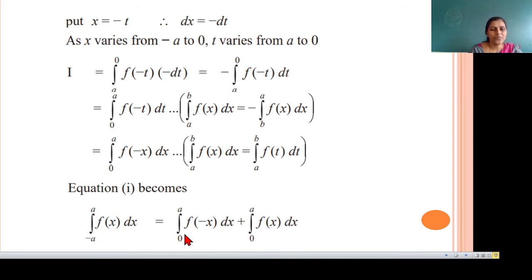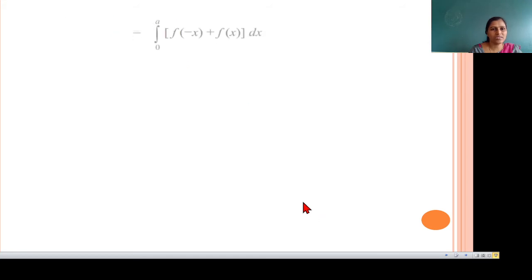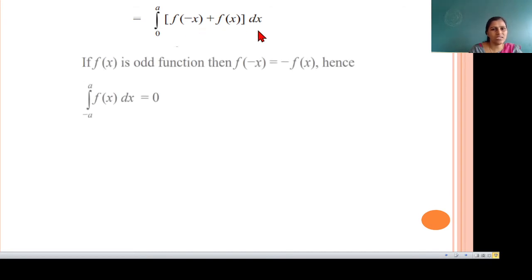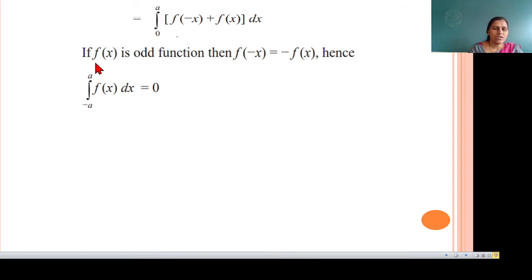It will be integral 0 to a f of minus x dx plus integral 0 to a f of x dx. So this value is again equal to integral 0 to a f of minus x plus f of x dx. So if your function is an odd function, then f of minus x will be minus f of x.